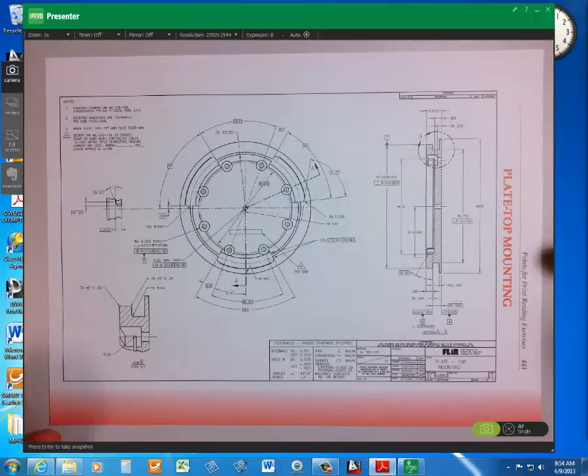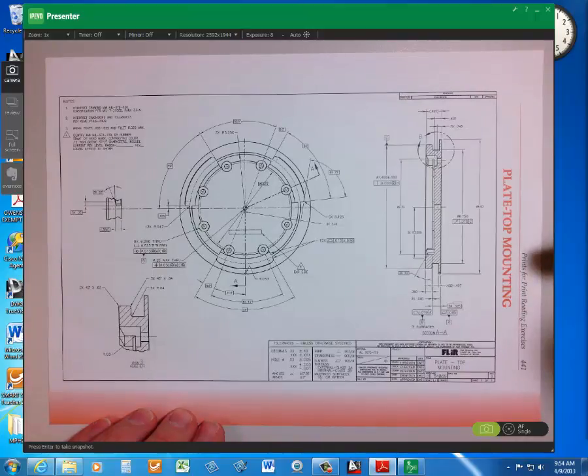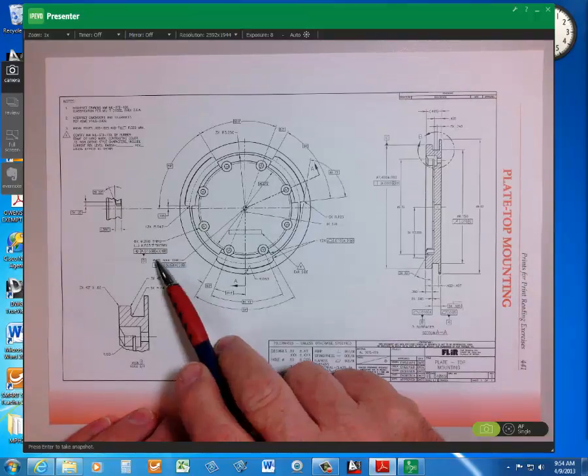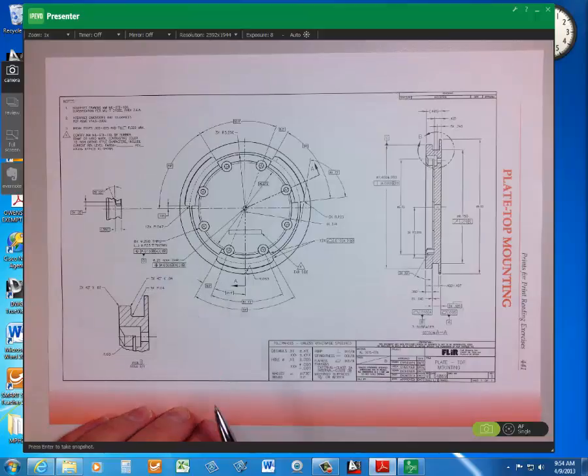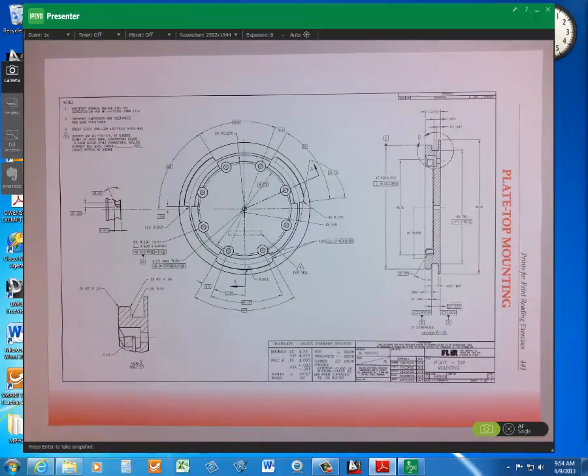Why is the same feature control frame for the hole and counter bore? The positional tolerance for the hole and the counter bore are the same. That's his answer. Well, okay. It just kind of answered itself.